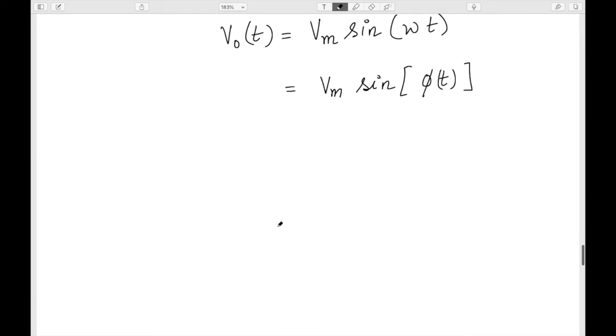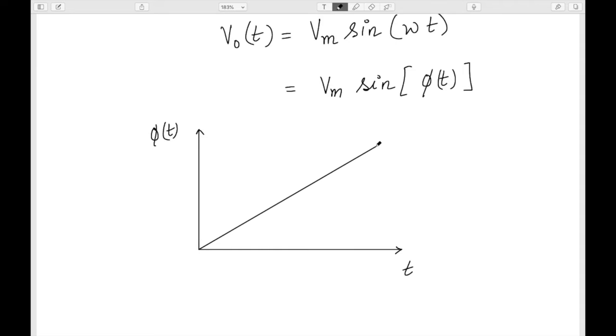I should say that Razavi has very nicely explained this concept in the book. How to see the phase is very important when we say phase-locked loop, right? If I plot phi t against t, I am going to get a straight line.